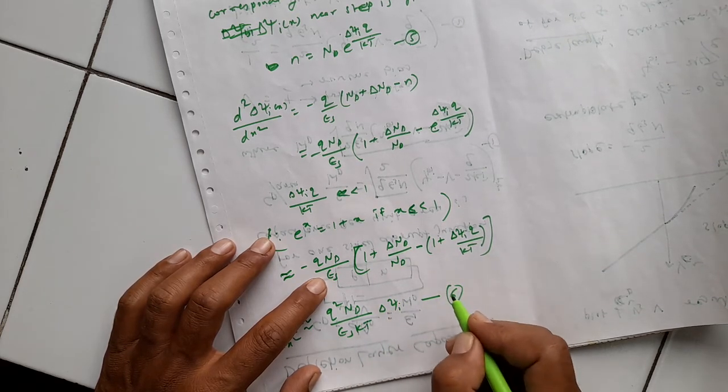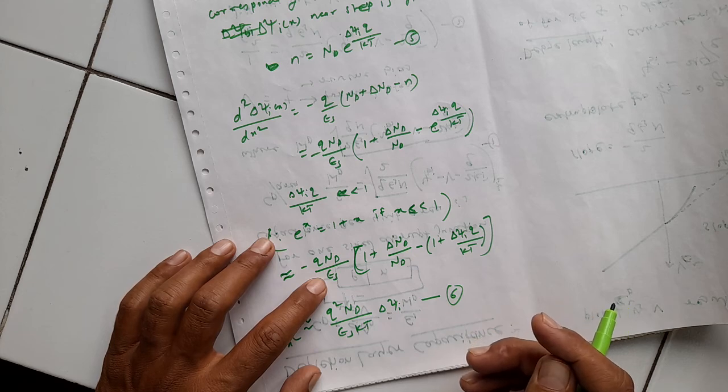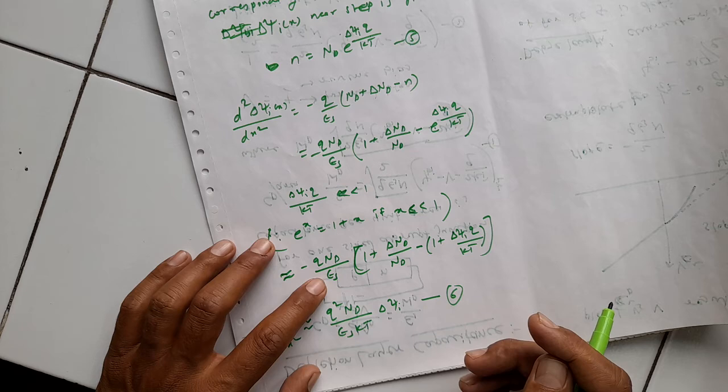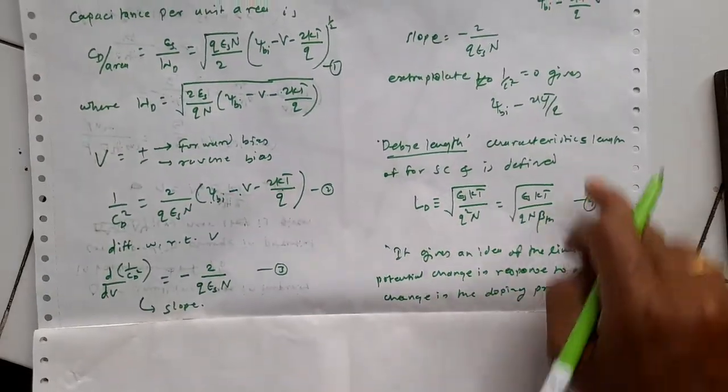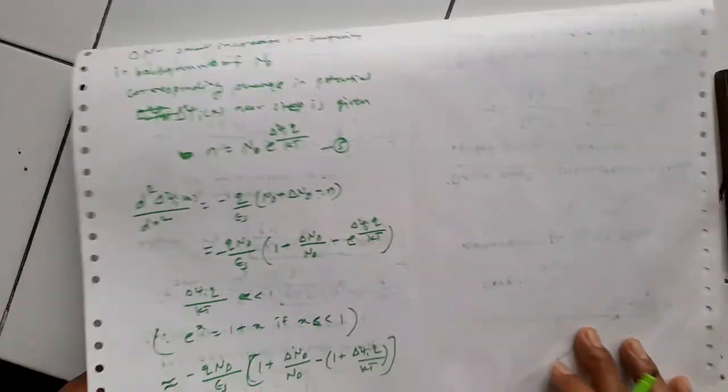The negative sign becomes positive on this side. This is the equation. Its solution has a decay length which is given by the above equation, somewhere here. So decay length is given by this equation.